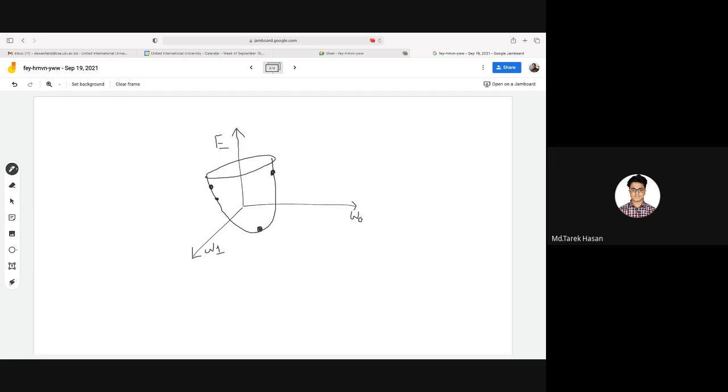If you think like this, this curve can be like this.